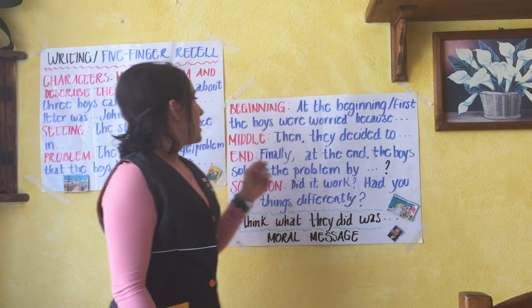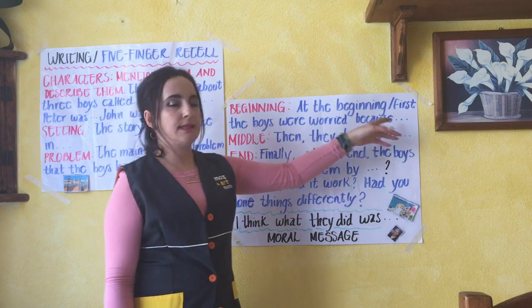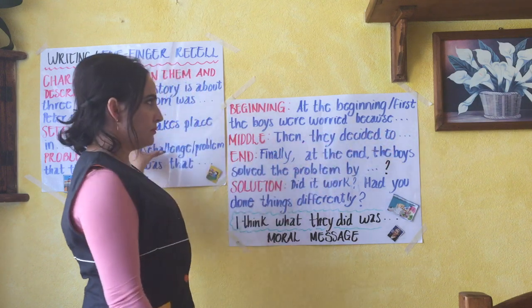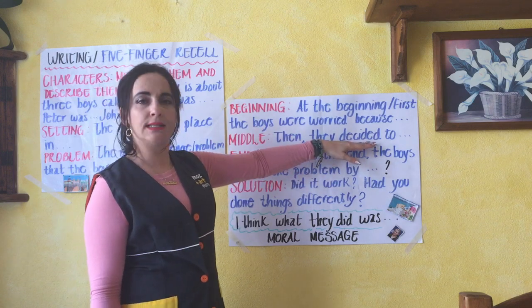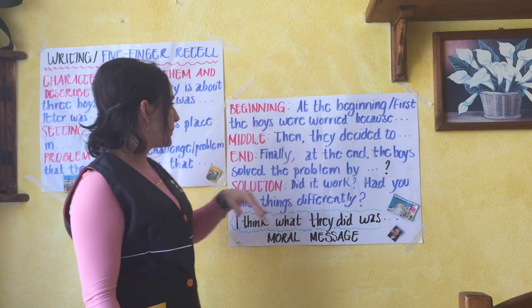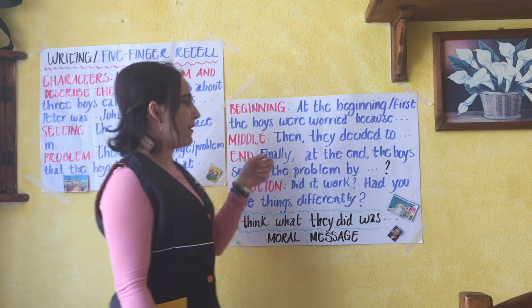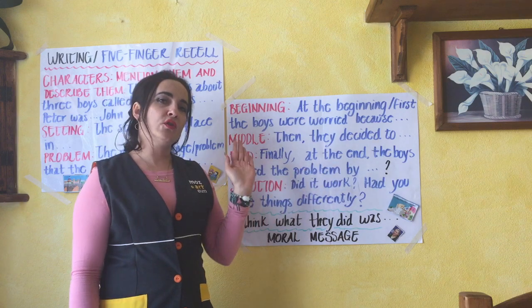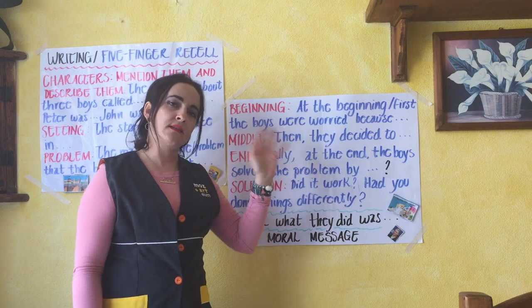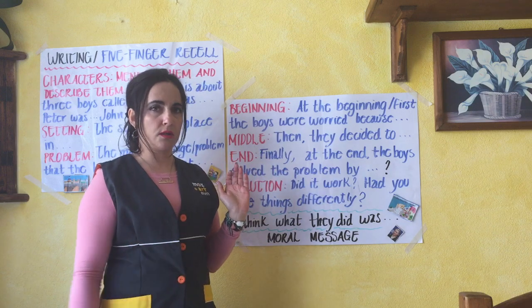So you use words like then they decided to; they had the problem, what they were doing at the beginning, and then what they decided to do. And at the end, you are going to use words like finally, comma, at the end. After you use sequence words like then, next, you have to use a comma afterwards.